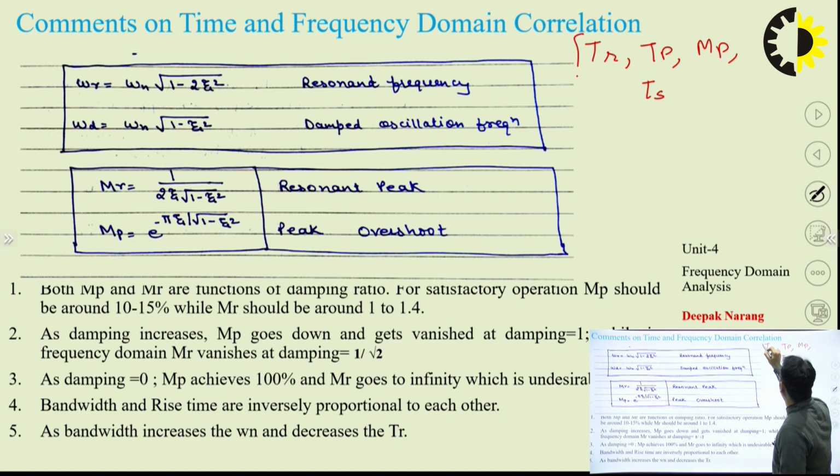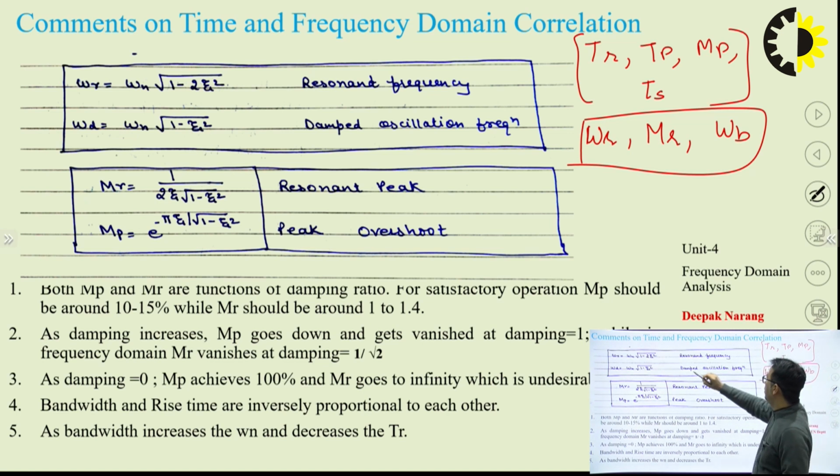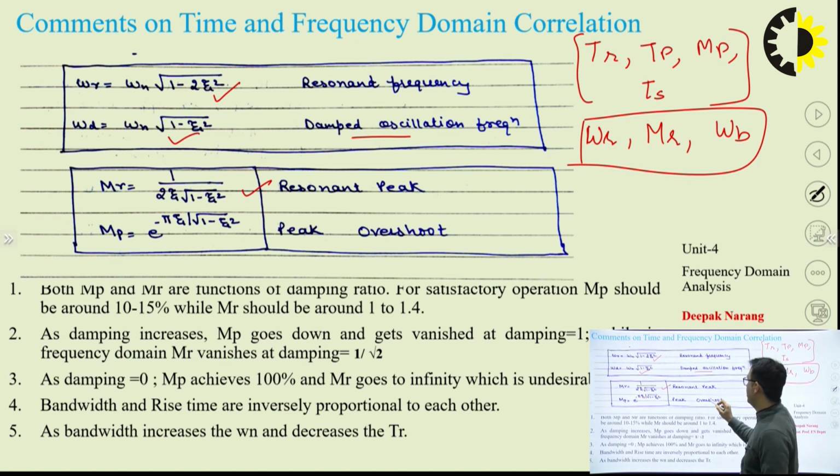In frequency domain we obtain resonant frequency, resonant peak, bandwidth. So this is resonant frequency in case of frequency domain, this is damped oscillation frequency in case of time domain, this is resonant peak in case of frequency domain, this is peak overshoot value in case of time domain.